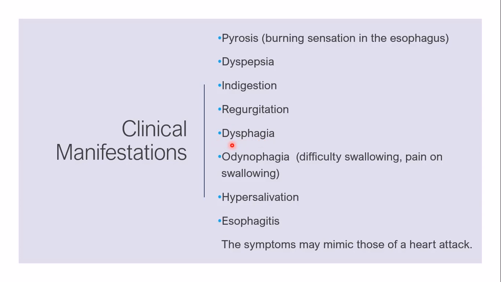Then odynophagia. Odyno is something related to again some discomfort. Okay, so if you see odyno written in front of anything, then it means discomfort. So yeah, it says that difficulty swallowing. The person will feel like it's because, just take a very general example.